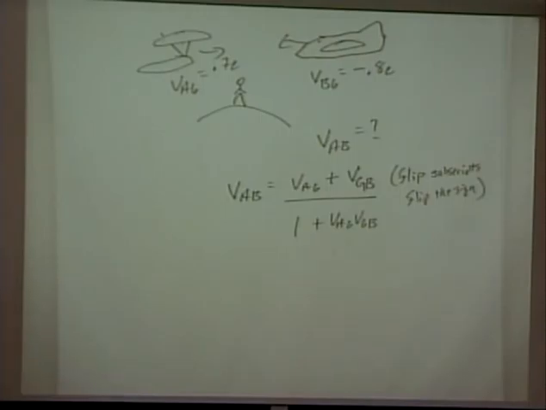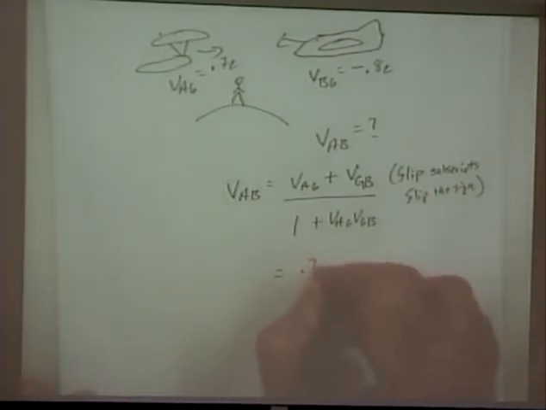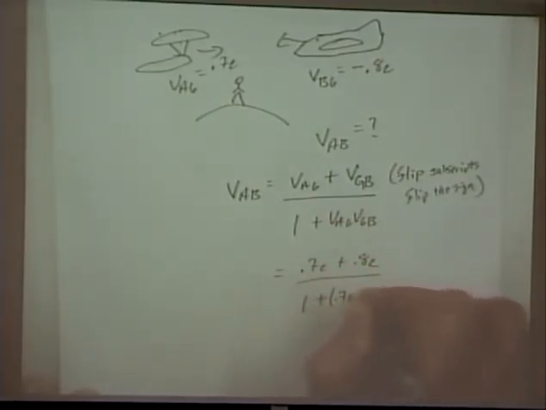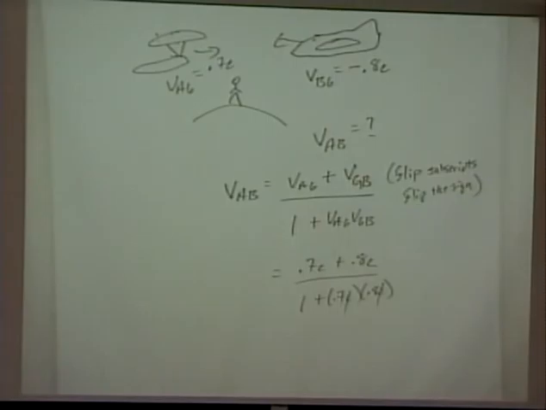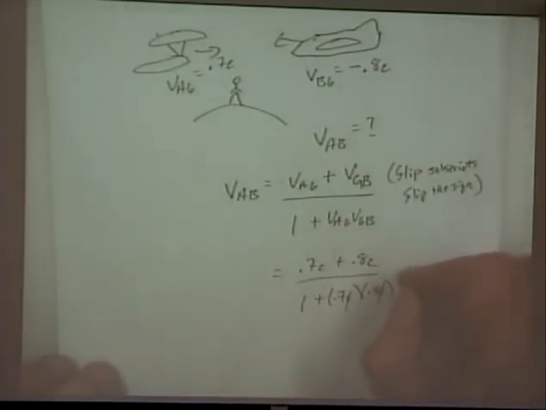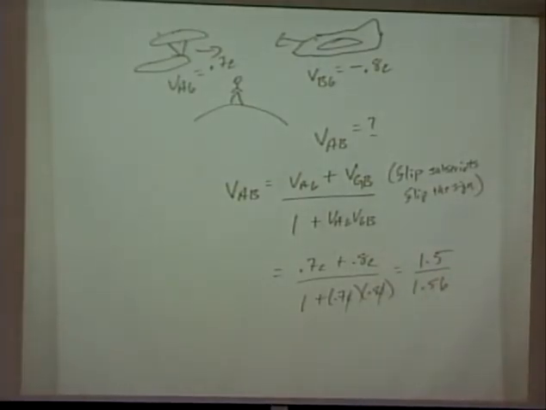So, when we plug all this in, we get 0.7 c plus 0.8 c, divided by 1 plus 0.7 c times 0.8 c. Well, those c's cancel, so we just leave those out. And we come up with 1.5 divided by 1.56. Is that greater than 1?